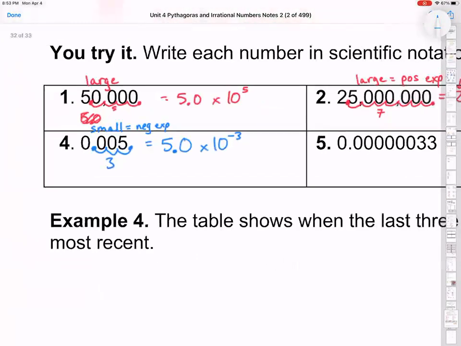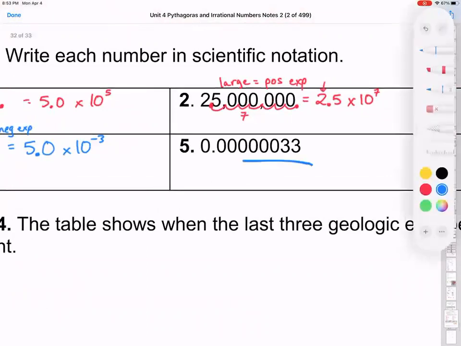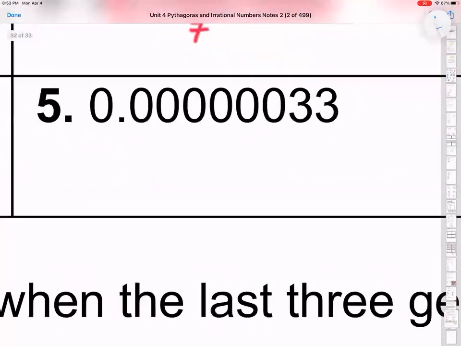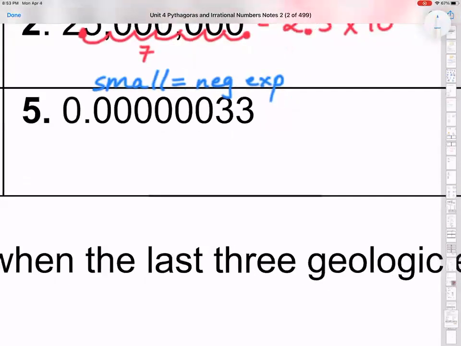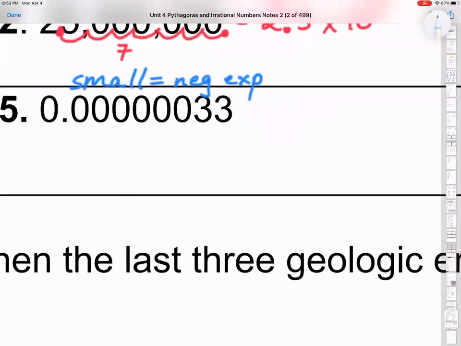For number 5, super similar, you just have a much larger decimal. So 0.00000033, that is an incredibly small number, tiny. So we know we're going to get a negative exponent. And so the question is, well, how many times do we have to move it over?